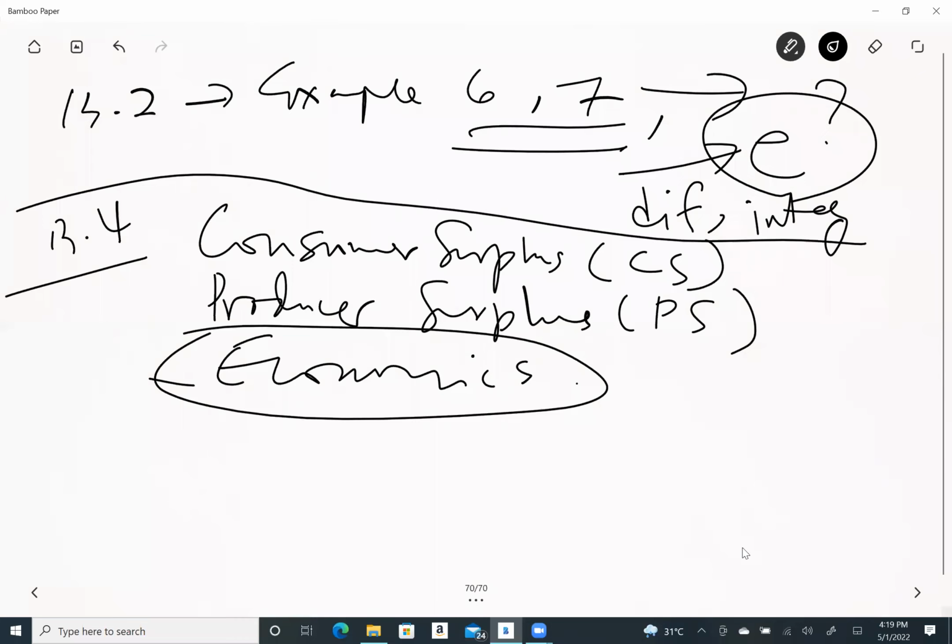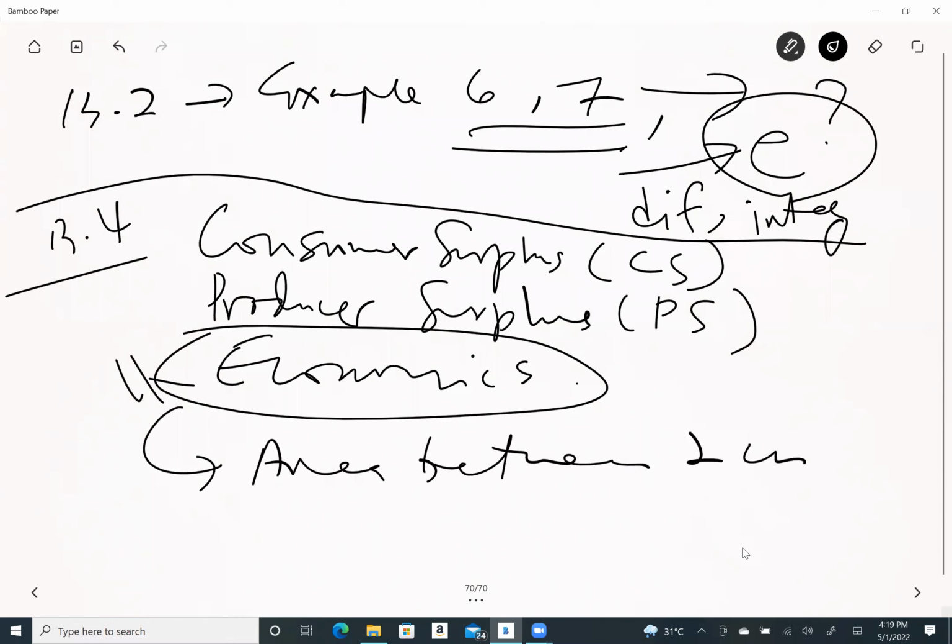We're going to do the consumer surplus by applying the definite integral because it involves the area between two curves. Let's get the economic idea first. What is consumer surplus?